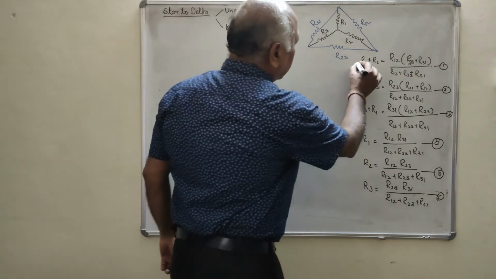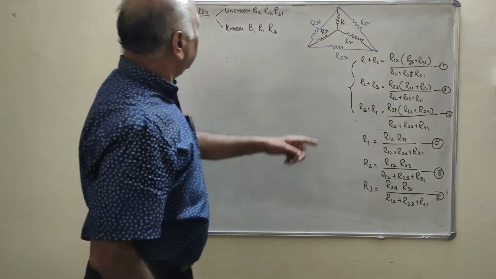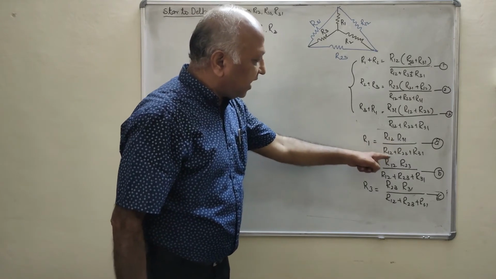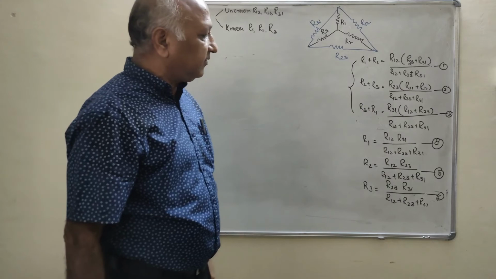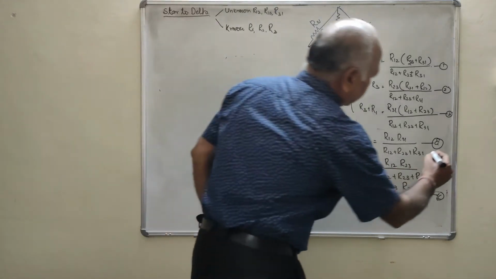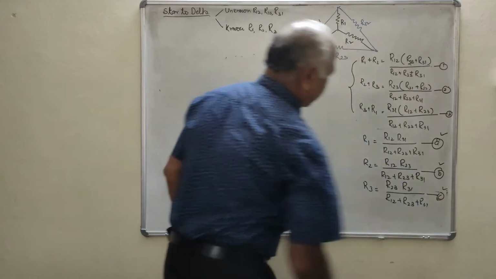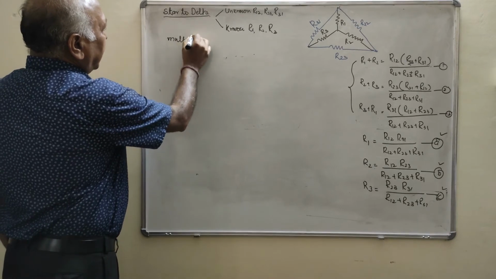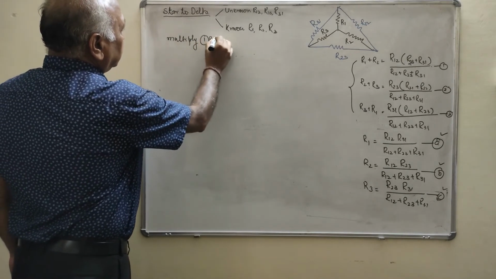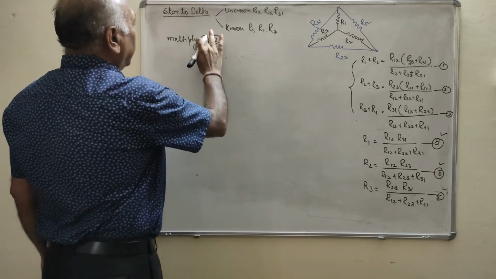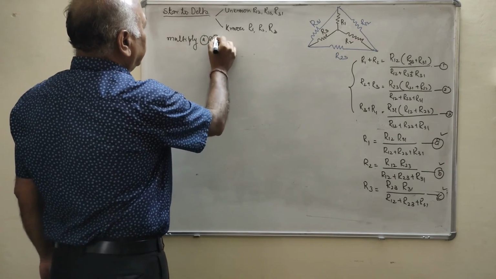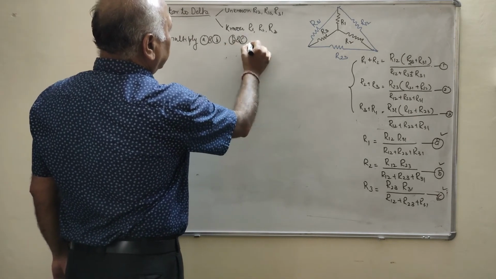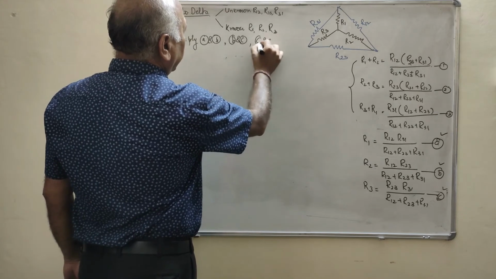You know these are the parent equations, and we derived from delta to star R1 as R12 R31 upon R12 plus R23 plus R31 and so on, which we call A, B, C. Clear? Now multiply A and B, comma, B and C, comma, C and A. Clear?